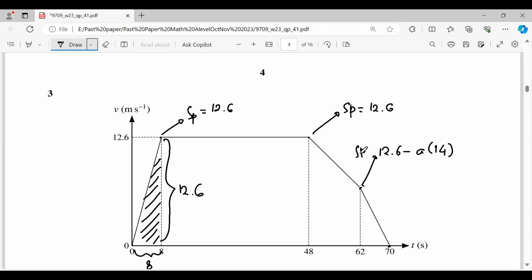This is speed. Why? These calculations are based on the formula that velocity equals initial velocity plus a times t. Why 14? Because 62 minus 48 is 14.